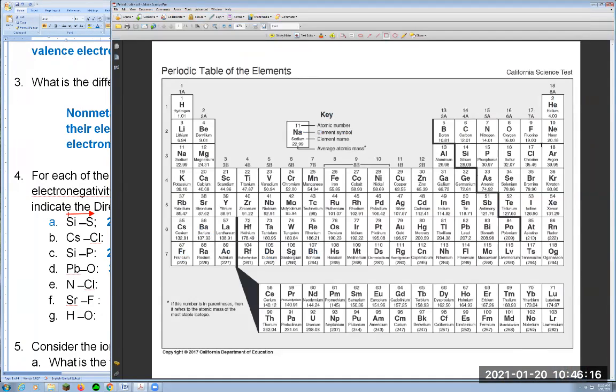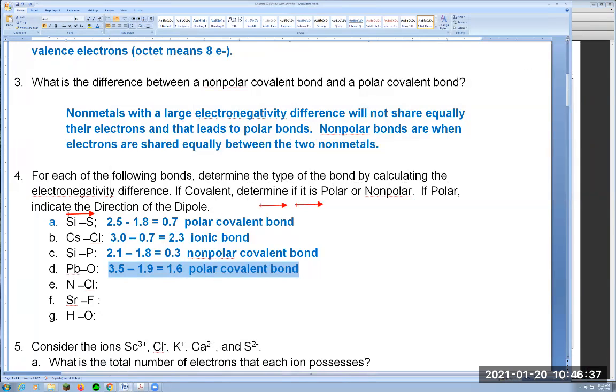Lead is there, and oxygen here. Oxygen is a non-metal, lead is a metal, and you would expect an ionic bond between them. But they are quite close in the periodic table, so according to the document here, it's polar covalent.